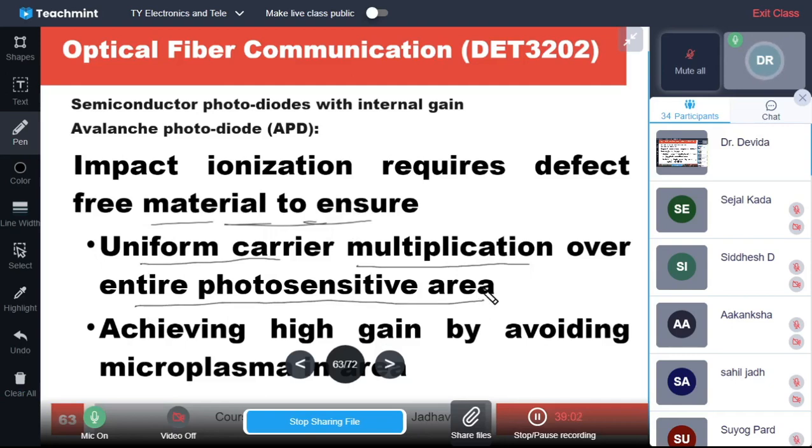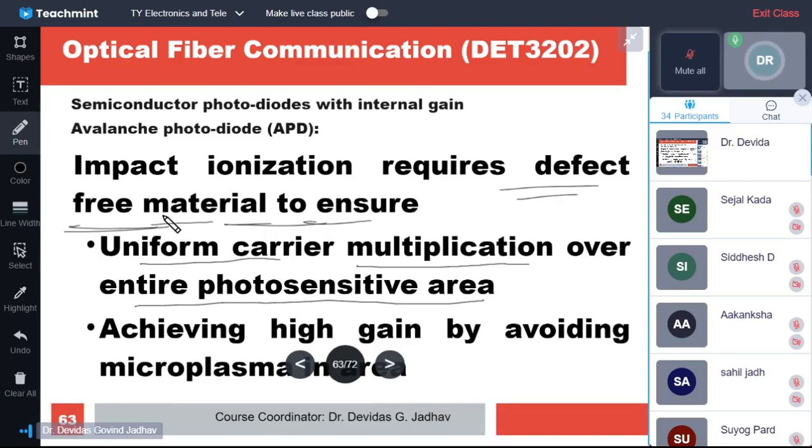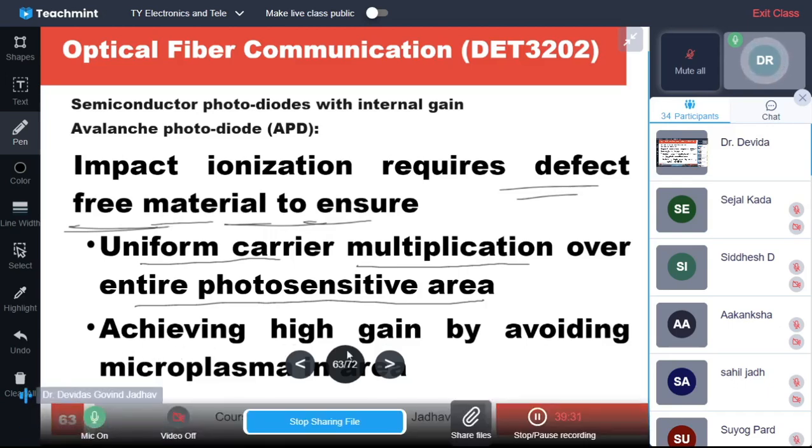Defect-free material is made highly uniform and homogeneous, without any internal stresses and material composition changes, etc. The defect-free material is taken for the fabrication, which makes the carrier multiplication uniform over the entire photosensitive area and achieves high gain by avoiding the microplasma. So microplasma can be avoided by using defect-free material, and we can have uniform carrier multiplication in the entire photosensitive area.